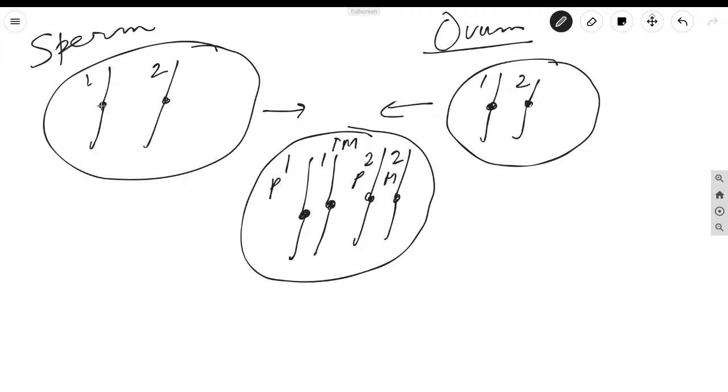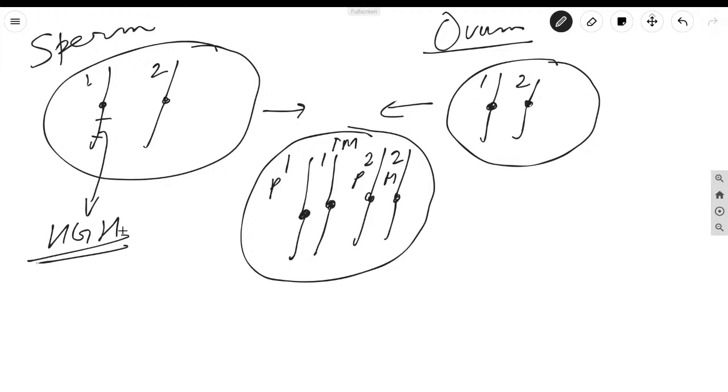So let's suppose the first chromosome contains the gene for human growth hormone, which is produced by the anterior pituitary gland, or adenohypophysis, in the brain. It will cause our height to grow, it will make us taller, right?